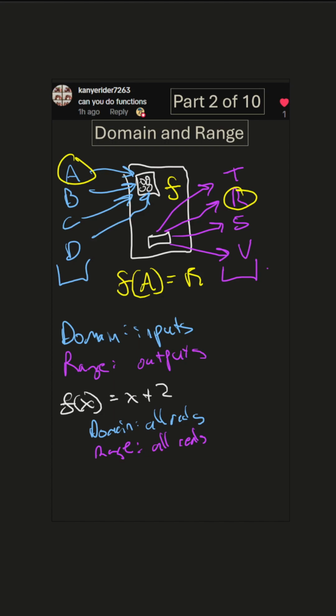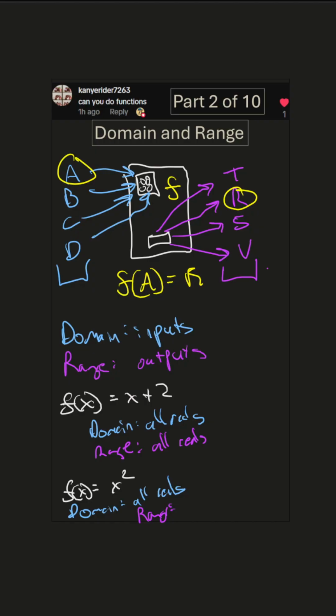So let's look at a different example. F of x equals x squared. Again, we can plug in any real number here, and we're just going to square it. That's fine. There's nothing wrong with that. But how about the range? Well, let's think about this.